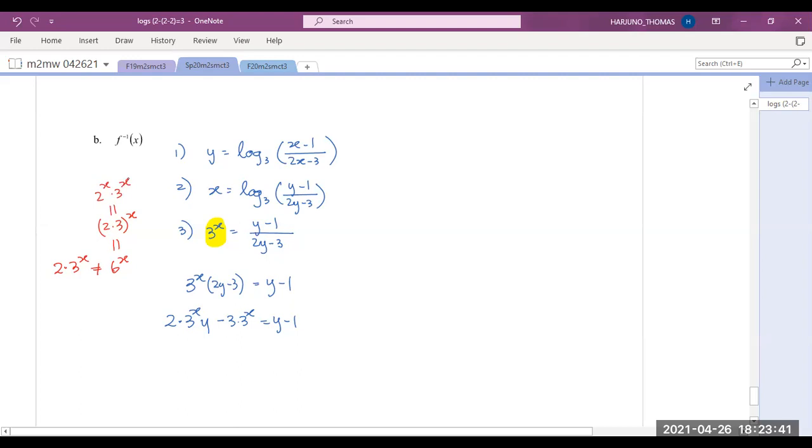But if you only have 2 times 3 to the x, you cannot multiply this. Why? Because exponent comes first, then multiplication. Do you remember that? So 2 times 3 to the x is not 6 to the x, unless you have parentheses around the 2 and 3. So do not change this to 6 to the x. No, no, no.